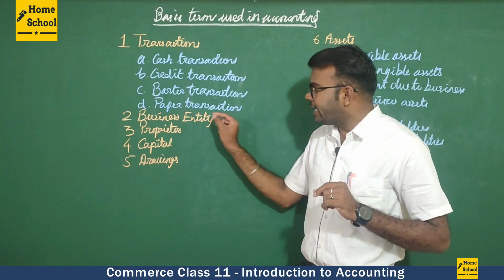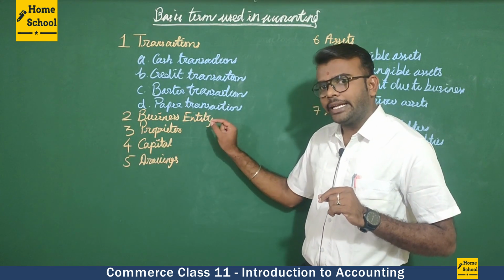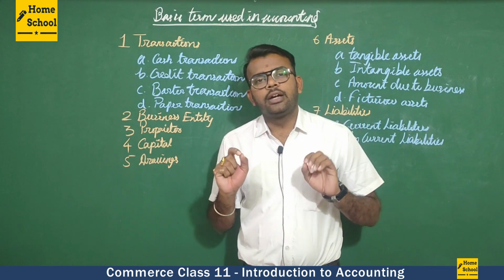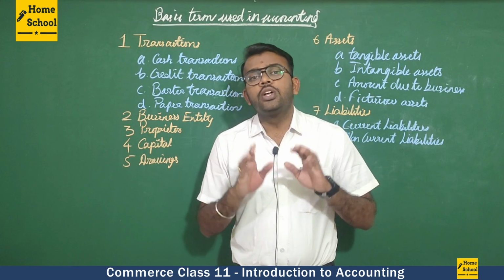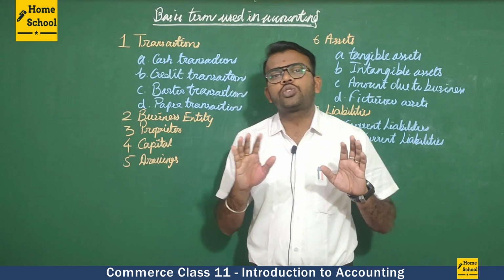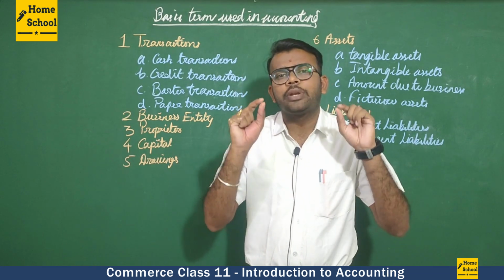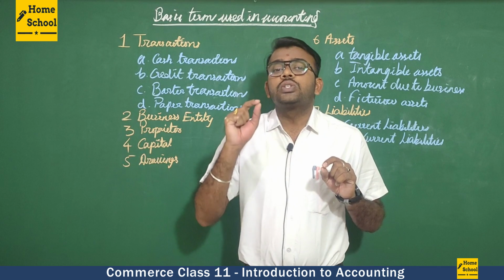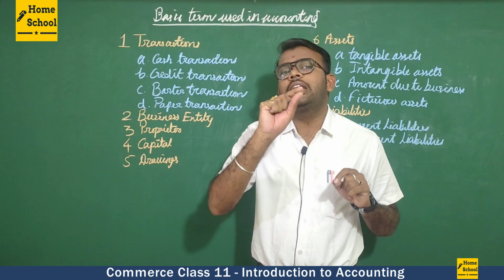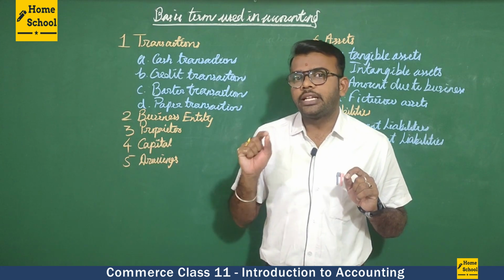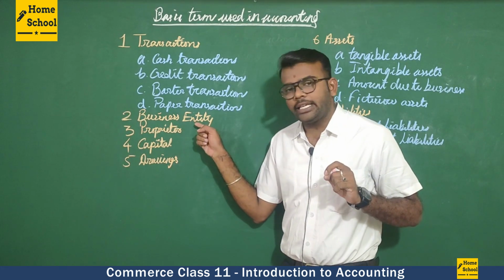Now next we have the business entity. The business entity concept says that, say you are running a provision store. You cannot run the provision store without a name. There should be some name on it, so that people recognize your shop by that name. That is business entity.